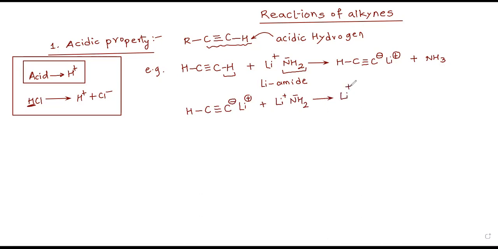So we will get Li plus, carbon with a negative charge, this carbon with a negative charge, and again NH3 is lost. Are these reactions clear to everyone? You can see in this one, there are two acidic hydrogens present.